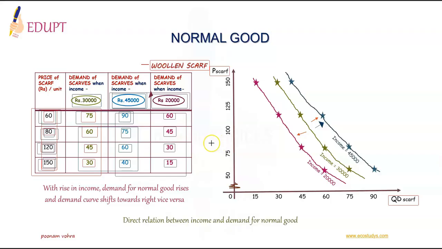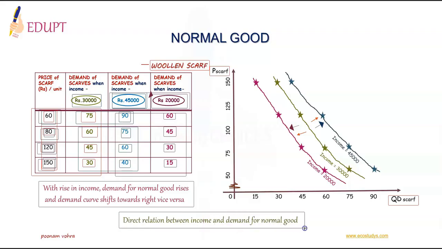So this means that by plotting these points with the same prices, demand curve will be downward sloping, but it will shift towards its left. So that shows that with rise in income, demand for normal good rises and demand curve shifts towards right and vice versa. Hence, there exists direct relation between income and demand for normal good.